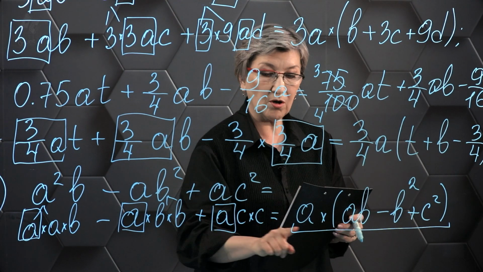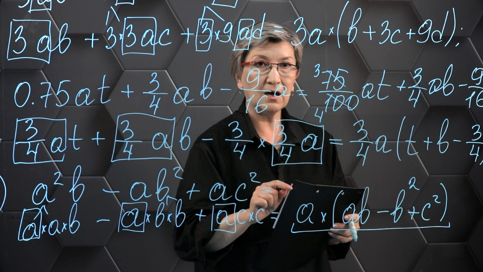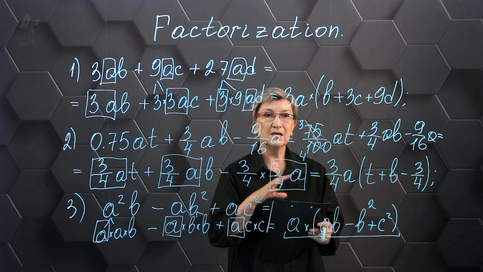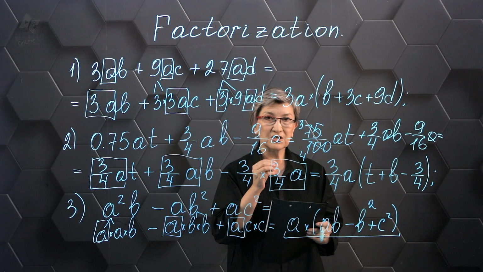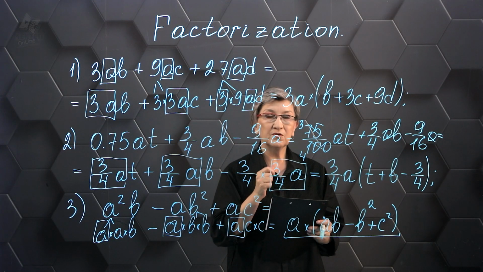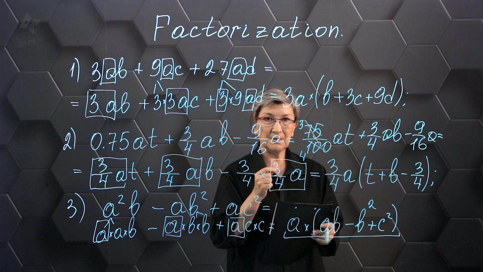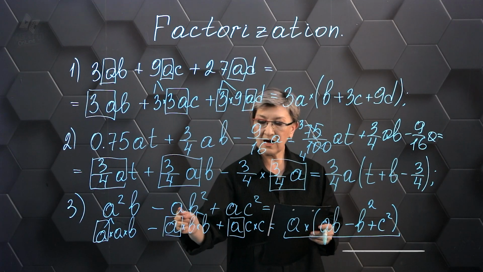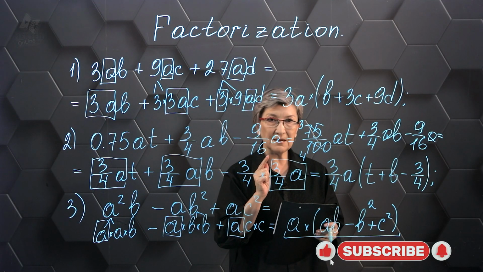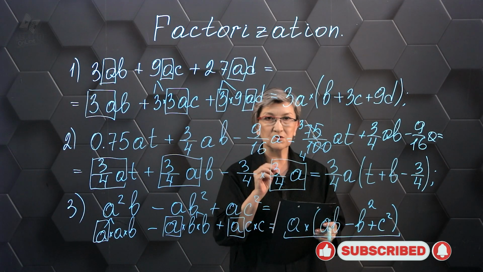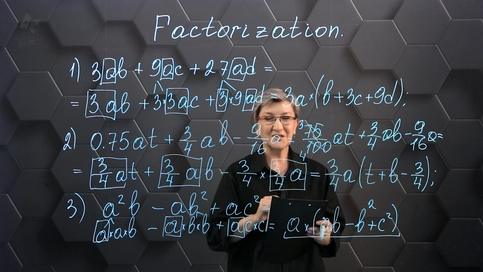And the parenthesis we put behind the bracket, just a to the first power. So if you're working with expressions that contain degrees, then we put the expression of the lowest degree. And in the square of a and a, the smallest degree is equal to 1. Therefore, we can immediately put the smallest degree behind the bracket.